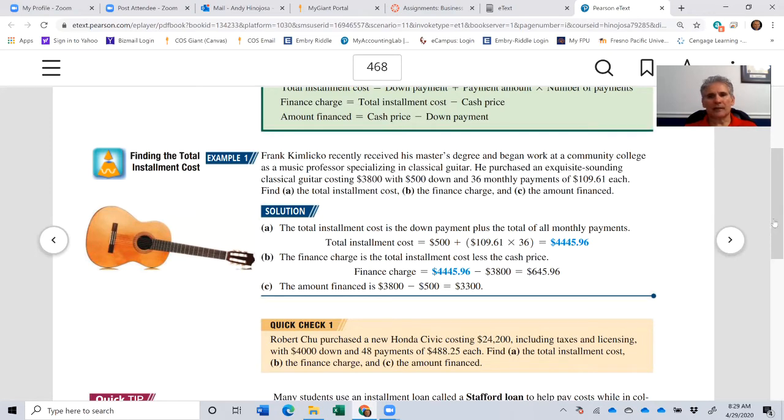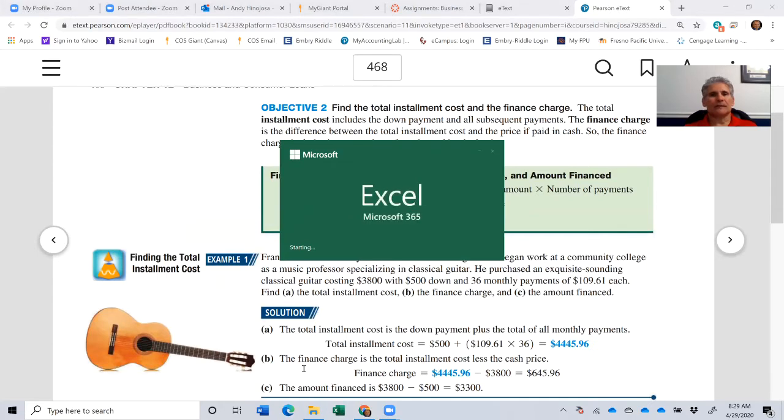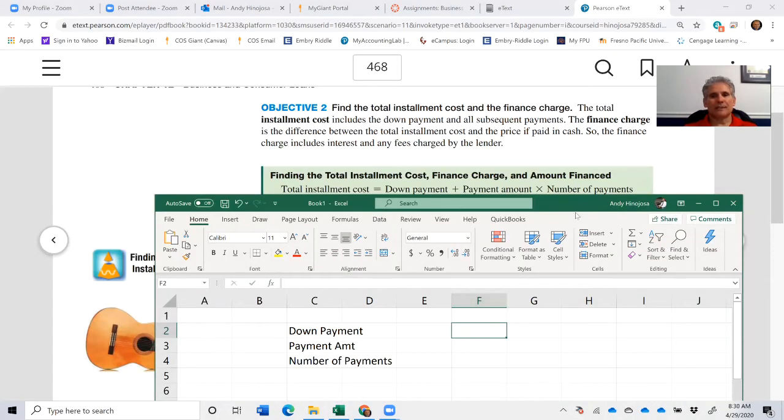Well, we'll look at our example here. The total installment cost equals the down payment plus the payment amount times the number of payments. So let's quickly pull up something. The down payment in this example is $500 down.